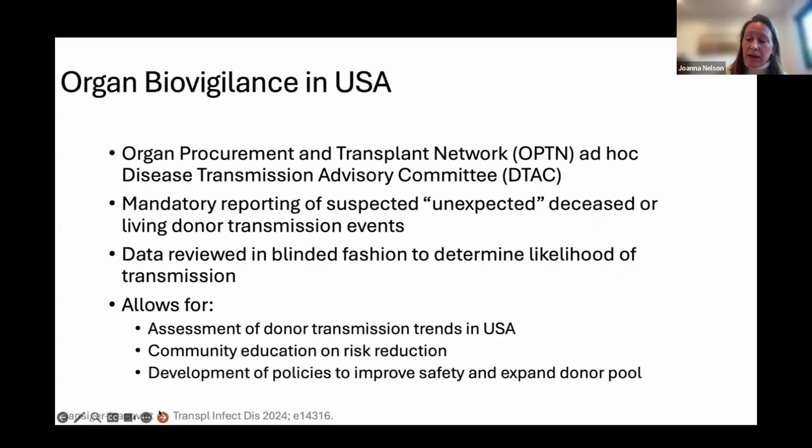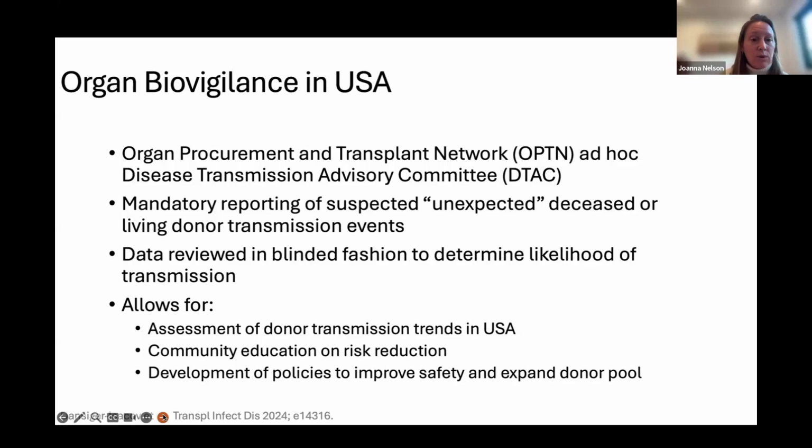So, organ biovigilance practices really vary across the globe. Some countries have no particular monitoring of donor-derived infection, some rely on voluntary reporting. In the US, this is done through the Organ Procurement and Transplant Network, OPTN, Ad Hoc Disease Transmission Advisory Committee, or DTAC. And here, mandatory reporting is done of suspected deceased or living donor transmission events. And this reporting is really only mandatory for those unexpected infections, not the expected category.